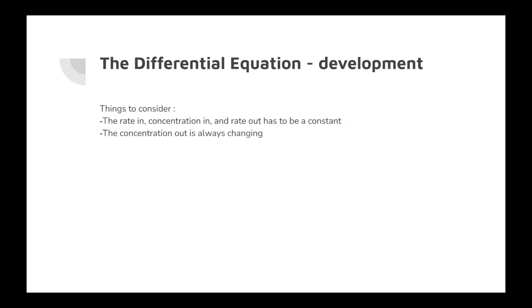Things to consider and assumptions. The rate in, concentration in, and the rate out have to be constant. The reason rate in and rate out have to be constant is much alike. If they aren't a constant number and they're different numbers, we would have multiple problems.